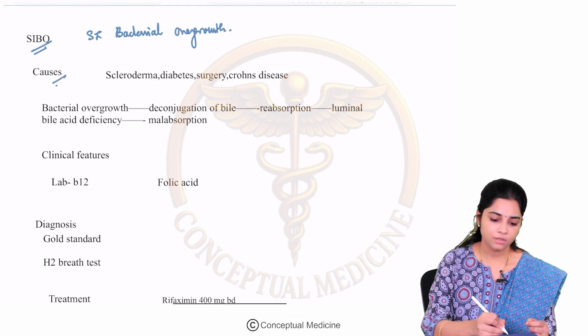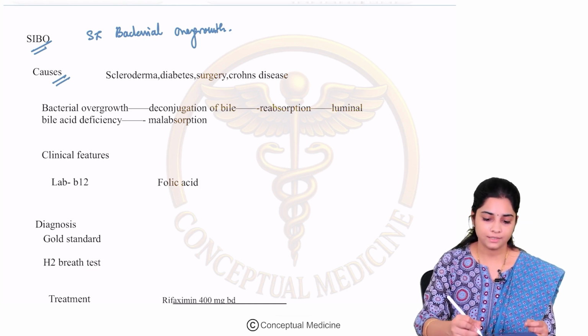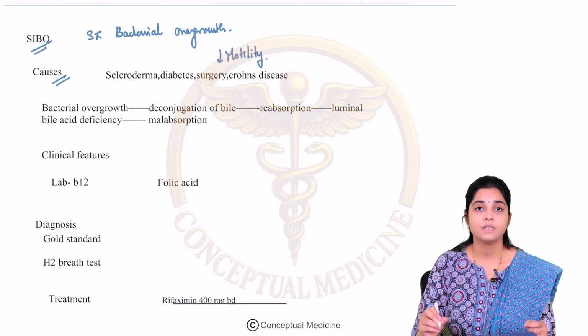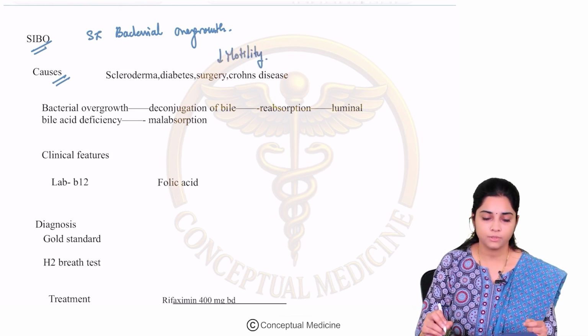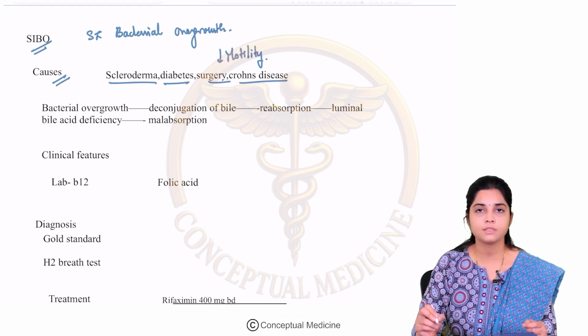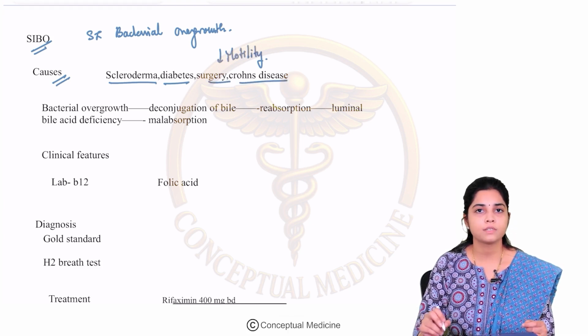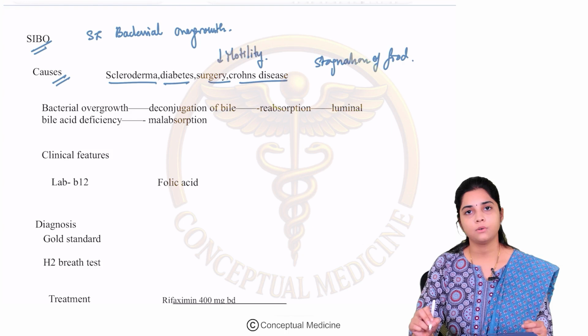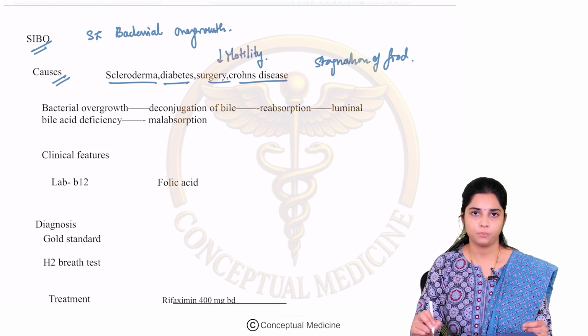So what are the causes? Conditions where there is decreased intestinal motility, as in scleroderma, diabetes, post-surgical patients, and Crohn's disease. All of these can cause stagnation of the food and bacterial overgrowth resulting in SIBO.